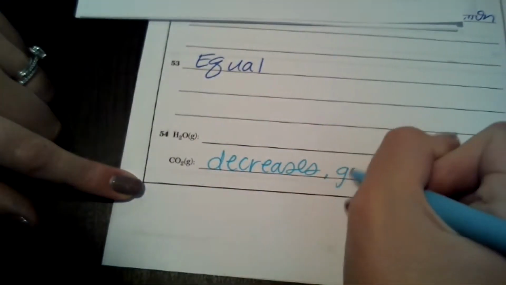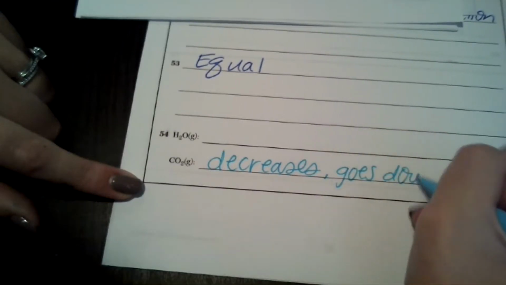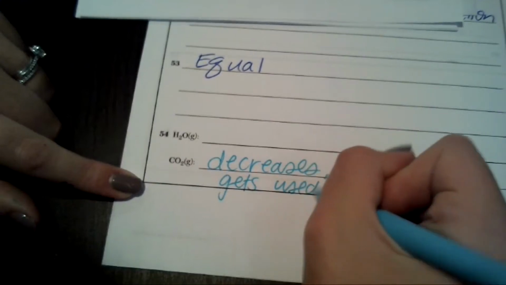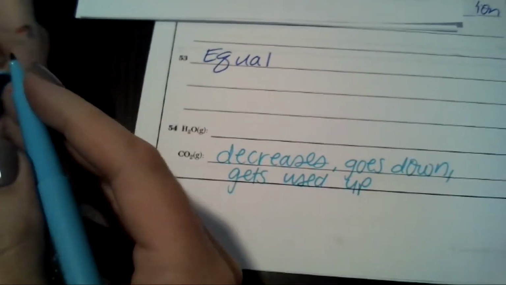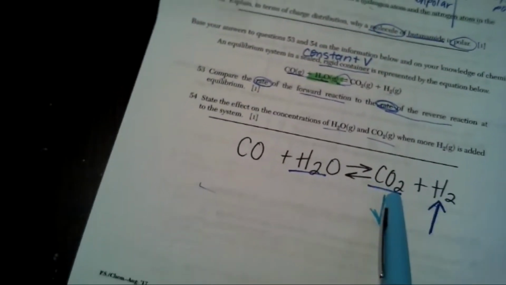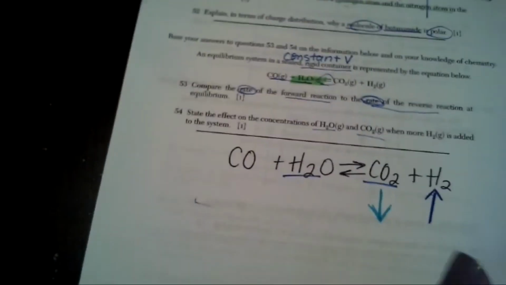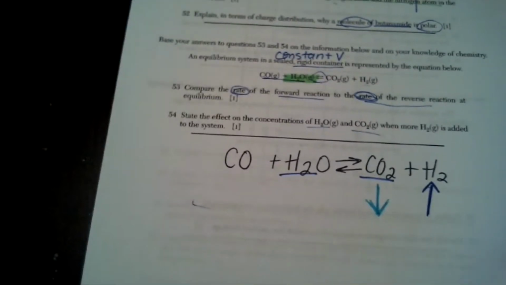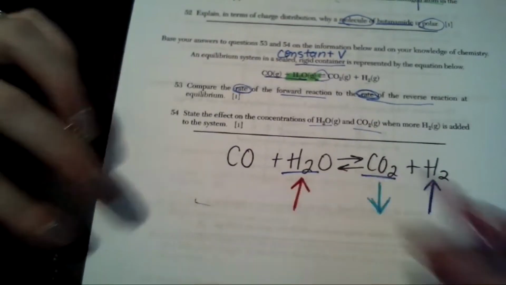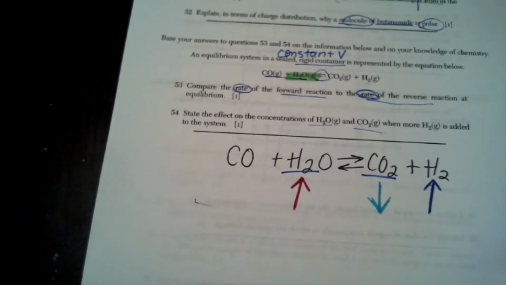You can put goes down. You can write gets used up. Anything to that effect. Then, if my H2 and CO2 are having reactions, they are becoming something new, that would mean that I am going to have an increase in my water.